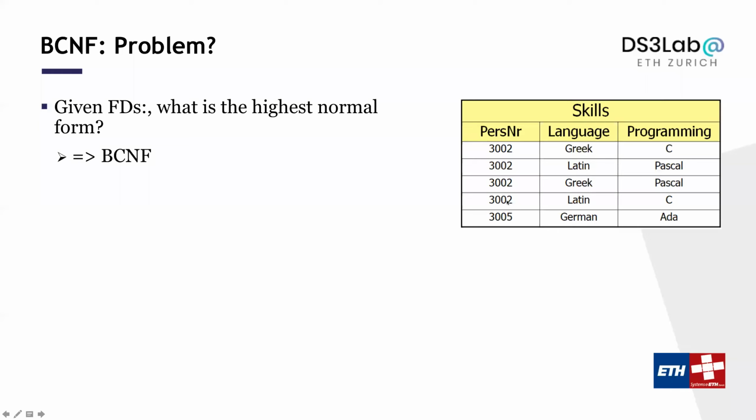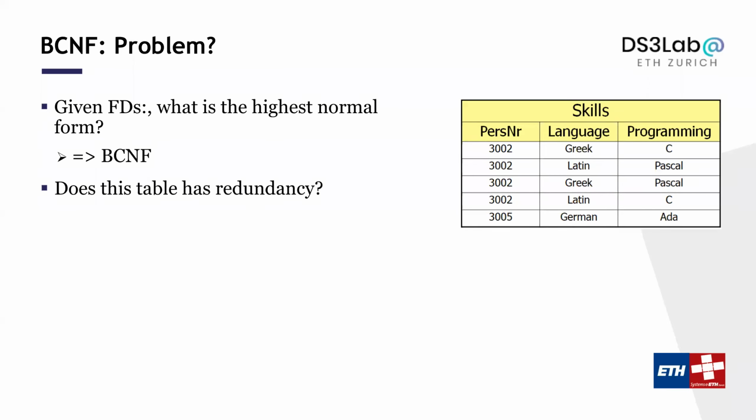However, on the other hand, this relation is actually in BCNF, right? So you can go through the exercise to check all the functional dependencies you have in this application, and you are going to reach the same conclusion that this relation is in BCNF.